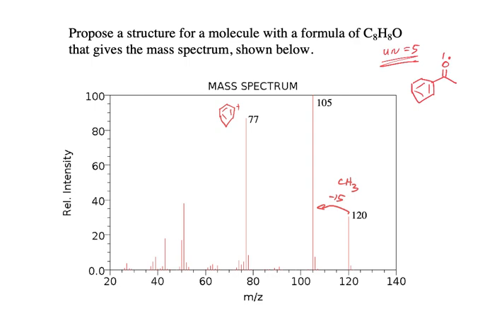Right, so we do this alpha cleavage like this, and this would be this plus. Okay, so this would be 105. What's the name of this one? Phenylacylium ion? Yeah, I don't know, I guess.